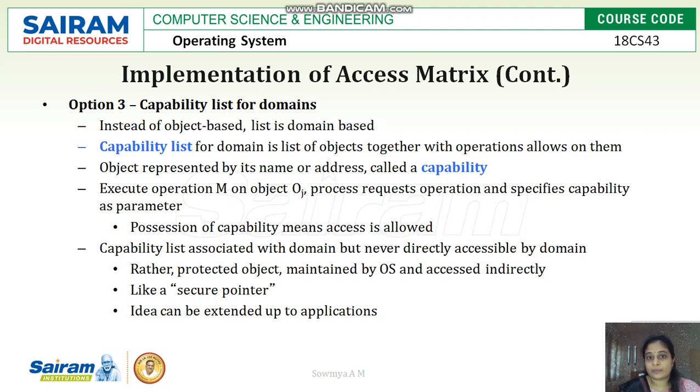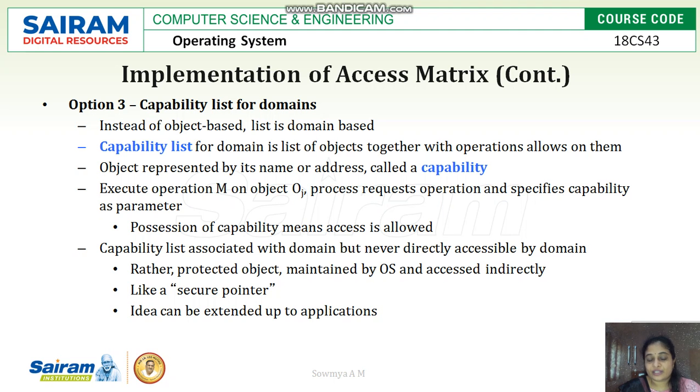Instead of object based or domain based, the capability list for a domain is a list of objects together with the operations allowed on them. Each domain will have a capability list. For each object it will just tell you what to do. An object represented by its name or an address is called a capability.